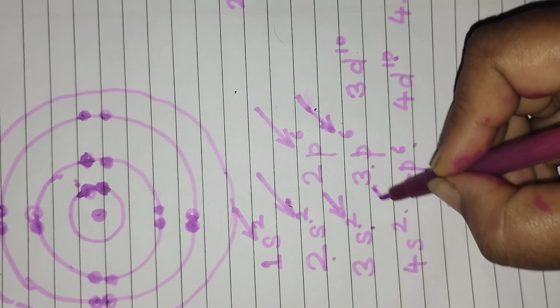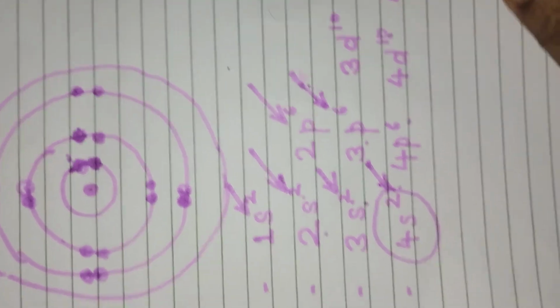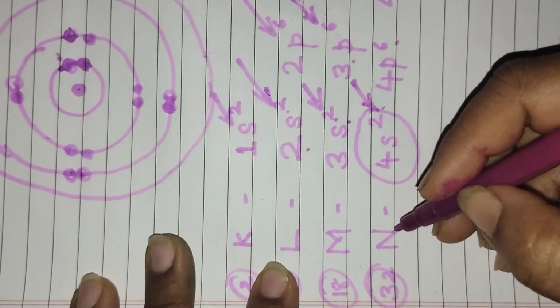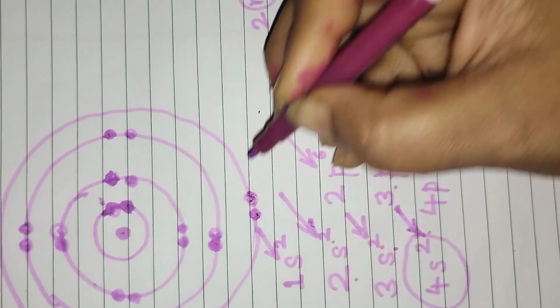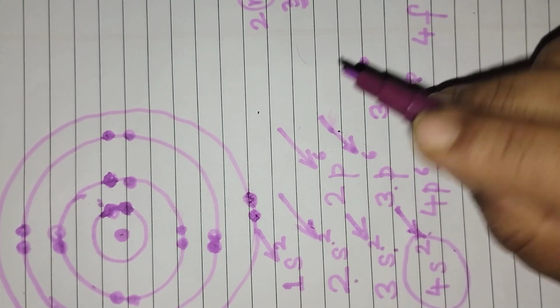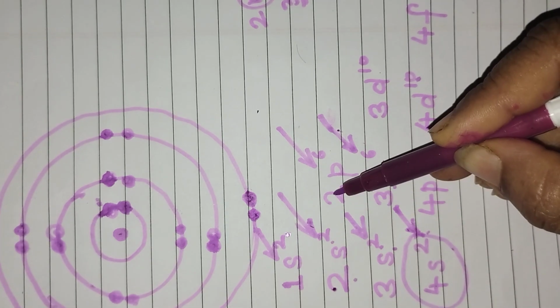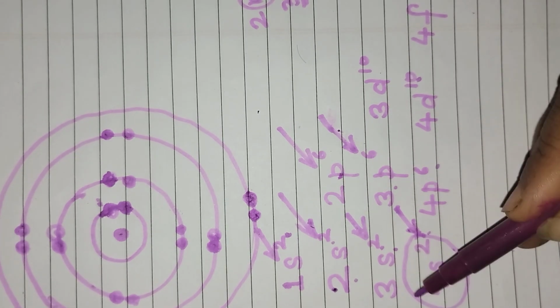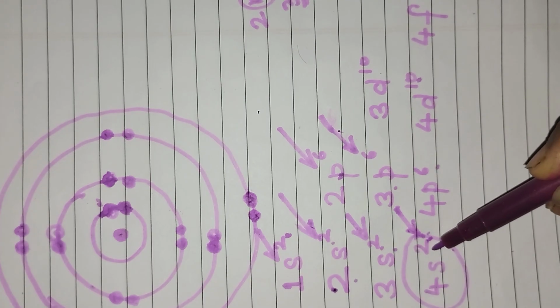Now after 3p6 it is 4s2 that is going to be filled. So 4s2 being in the N shell, you have 2 electrons in the N shell. Now totally how many electrons have been filled? 2 plus 8 is 10. Then 10 plus 8 is 18, 19, 20 electrons.